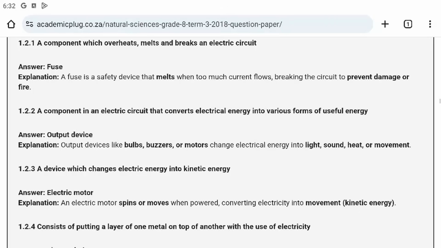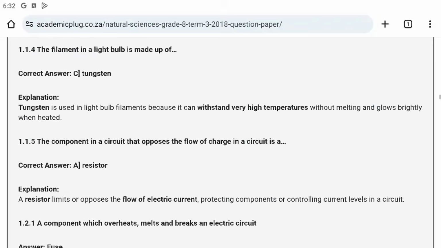Output devices like bulbs, buzzers, or motors change electrical energy into light, sound, heat, or movement.